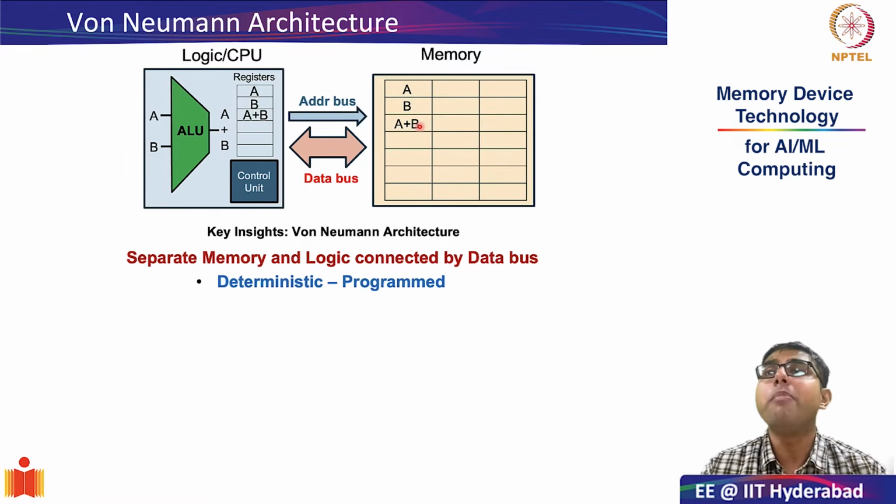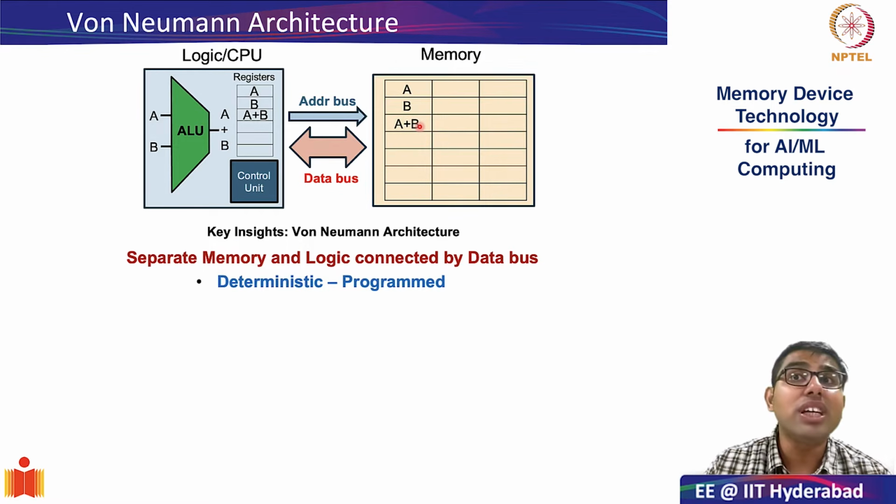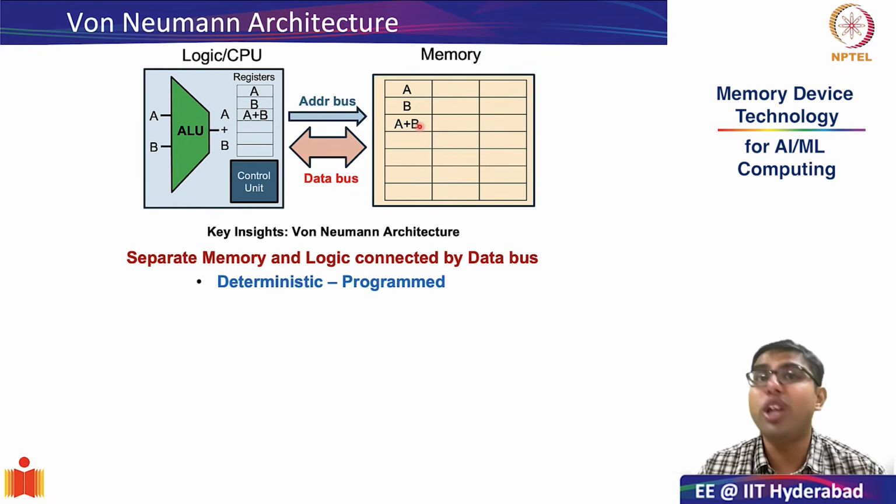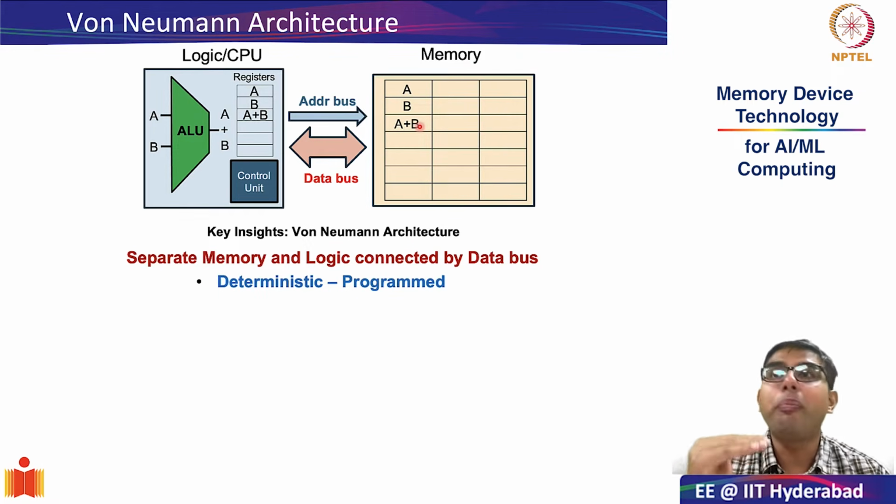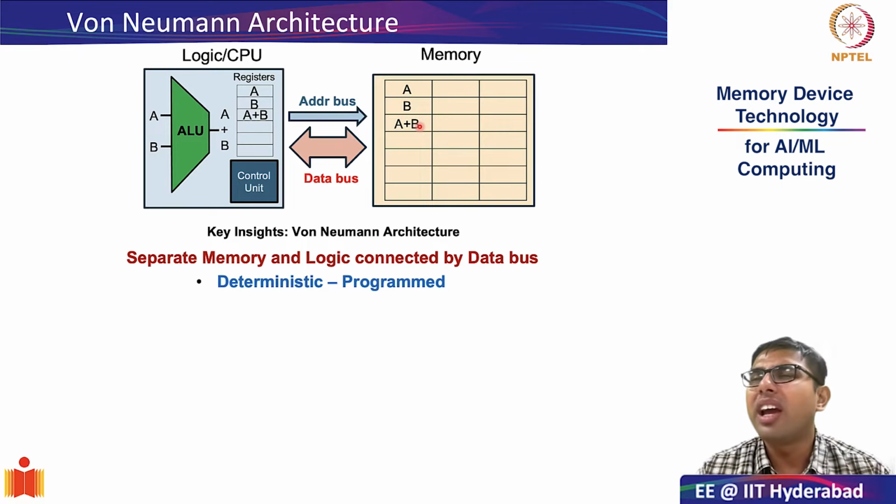The next important element is that this kind of architecture is essentially deterministic. Remember from the previous lecture, what is the meaning of deterministic? Deterministic means there is a set of predefined steps that the computing system will go through to give you the final output. In other words, everything is programmed.